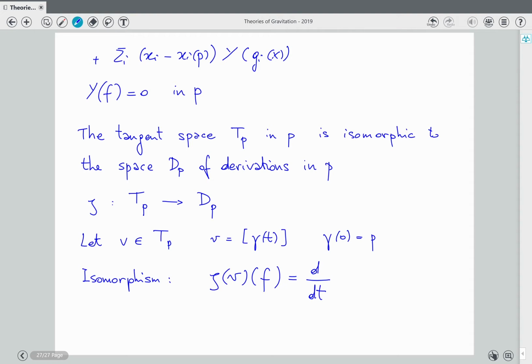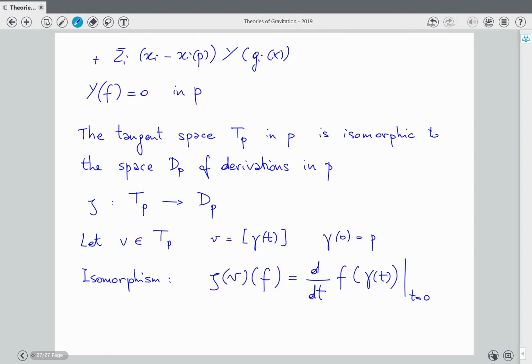The derivative with respect to t of f calculated on gamma of t, where gamma of t is any representative of the equivalence class of V, and that calculated in P, which means t equals 0. So that is a derivation indeed, and now we make this map more explicit, but it will be clear that this is an isomorphism.